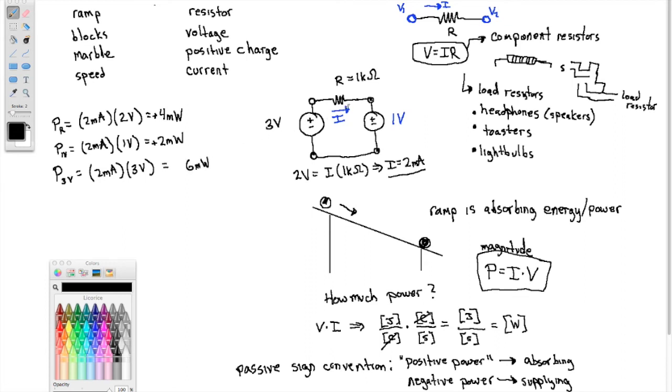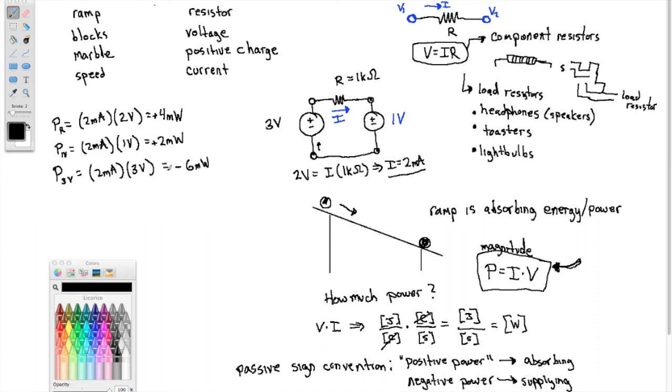And here, the current enters the negative side and leaves the positive side. So that's the marble rolling up the ramp. This thing is supplying, so we're just going to make it negative. You see what I mean when I said that this equation only gives you the magnitude of the power? You have to reason through whether you should tack on a negative sign or not.